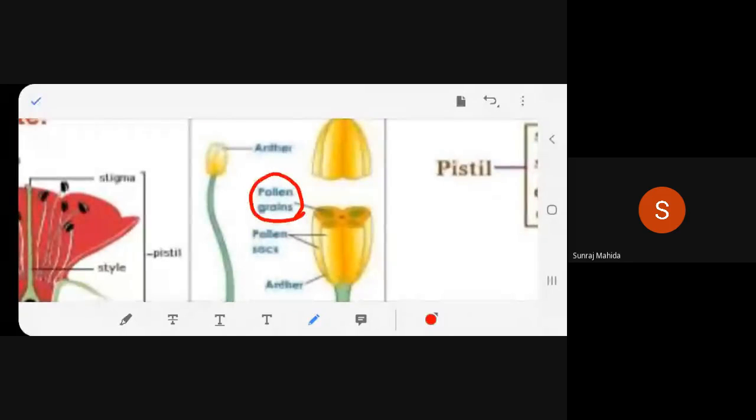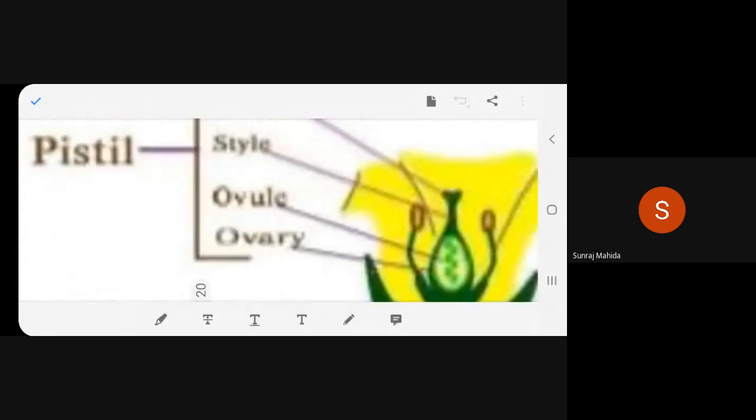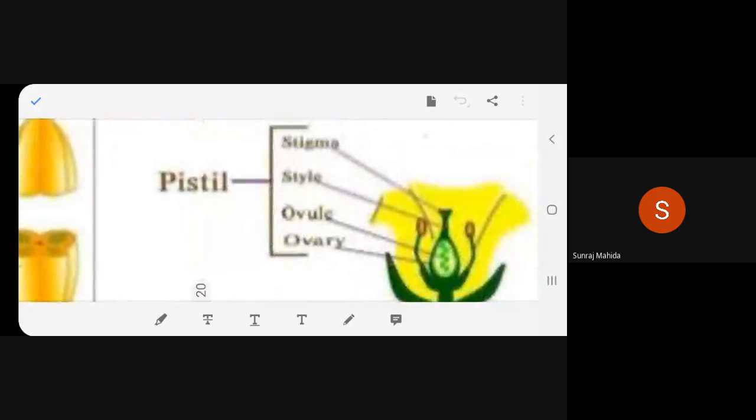Pollen grains. Inside the anther, what do we have? Pollen grains. And these pollen grains are the male sex cell. Do you understand? So you have to remember this. Pollen grains are the male sex cell. Is it clear? In other words, we call it the male gamete. Any problem?